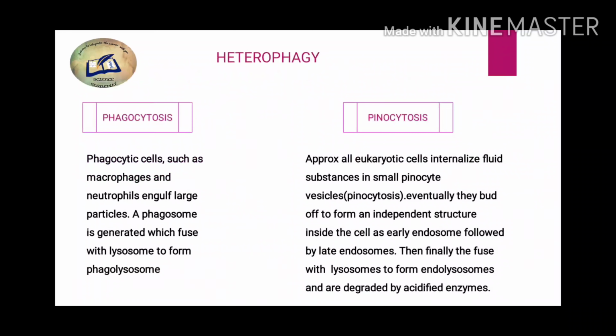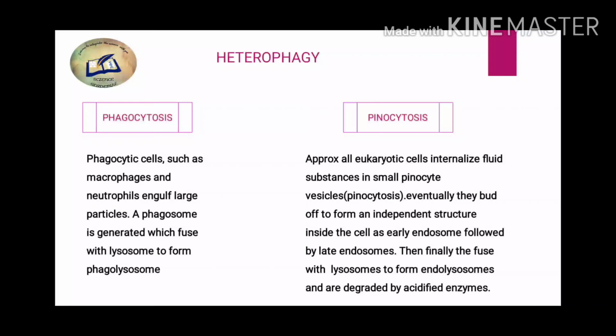Now let's see the third division, in which we will differentiate heterophagy on the basis of two types. The first type is phagocytosis and the second type is pinocytosis. In phagocytosis the cell engulfs large particles. Phagocytic cells you have studied, if not then we will study further. For now you know the names like macrophages and neutrophils.